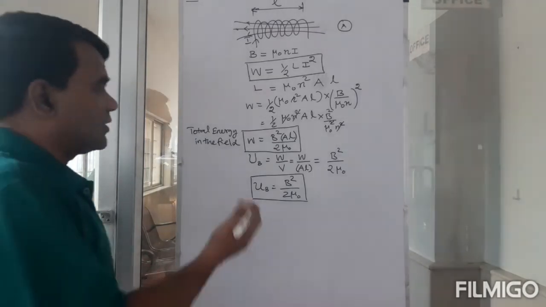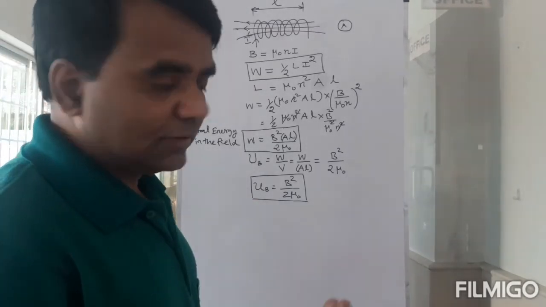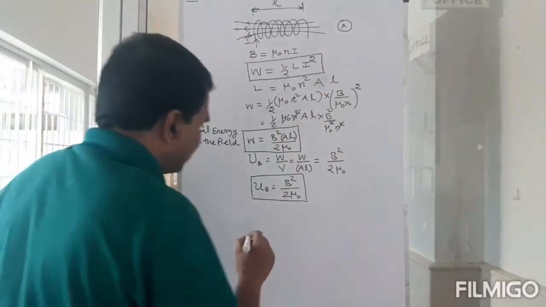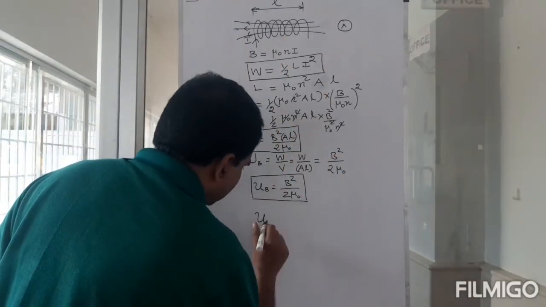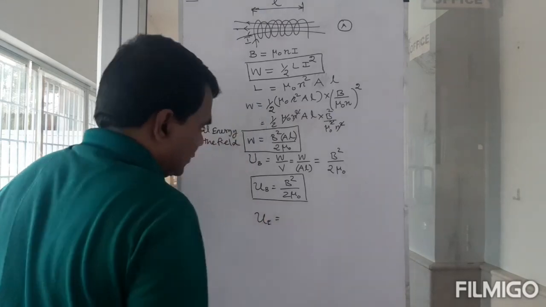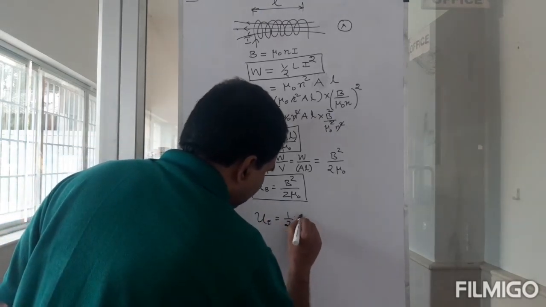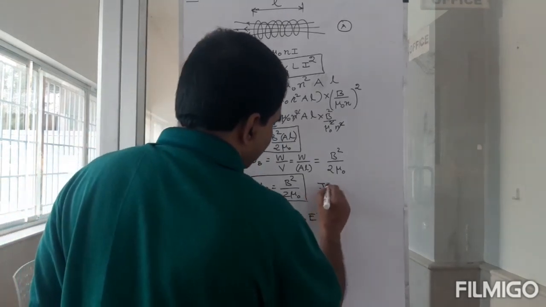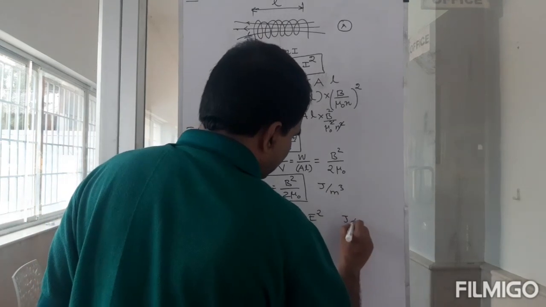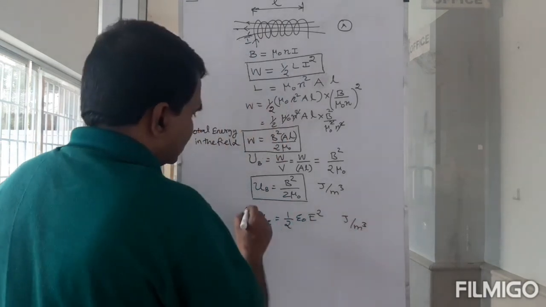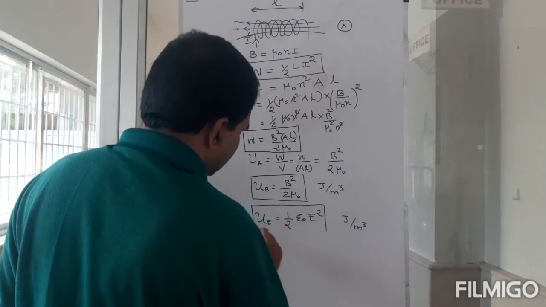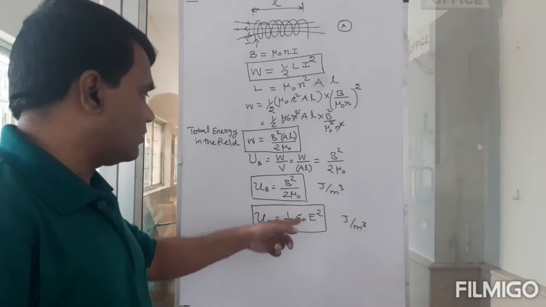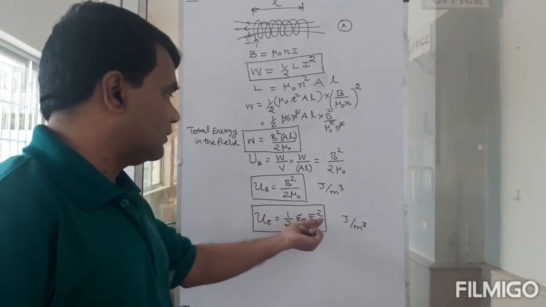If you compare that with the energy per unit volume of a parallel plate capacitor, I hope you remember that U E was half epsilon naught E squared. This is joule per meter cube, and this was also joule per meter cube. So you can see this is half B squared by mu naught, and this is half epsilon naught E squared.